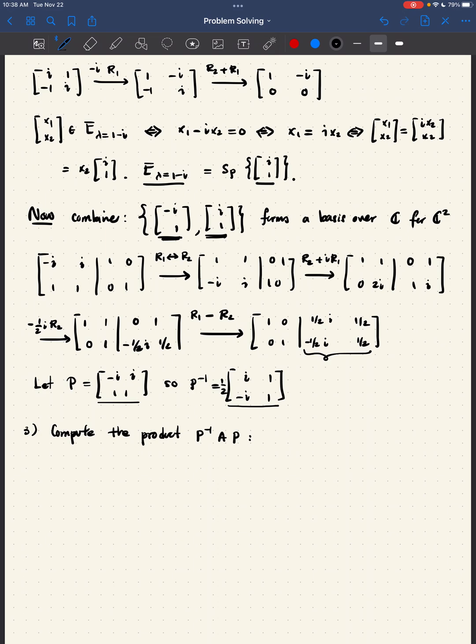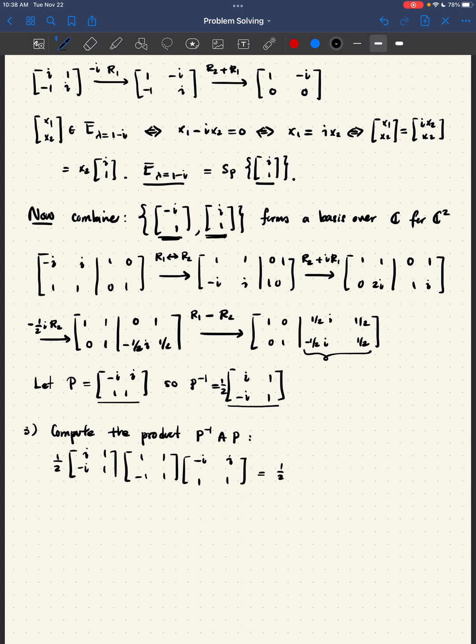Okay, let's see. So this becomes 1/2 times the matrix i, negative i, 1, 1, times the matrix 1, 1, negative 1, 1, times the matrix with columns negative i, 1 and i, 1. Well, let's develop this.